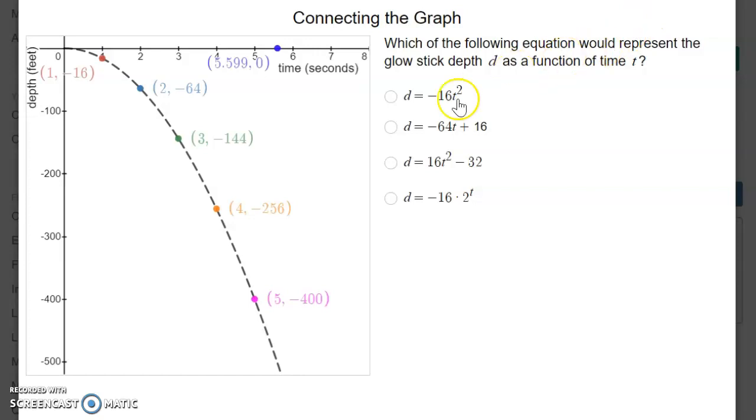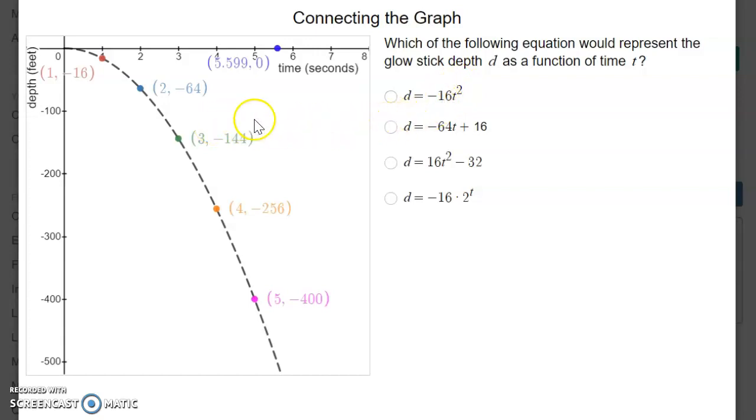Now, which of the following equations would represent the glow stick depth, d, as a function of time, t? Looking at this, what can I rule out? I can rule out positive 16t squared, because this is a parabola that is opening down. That means we need to have a negative in front of the something being squared.